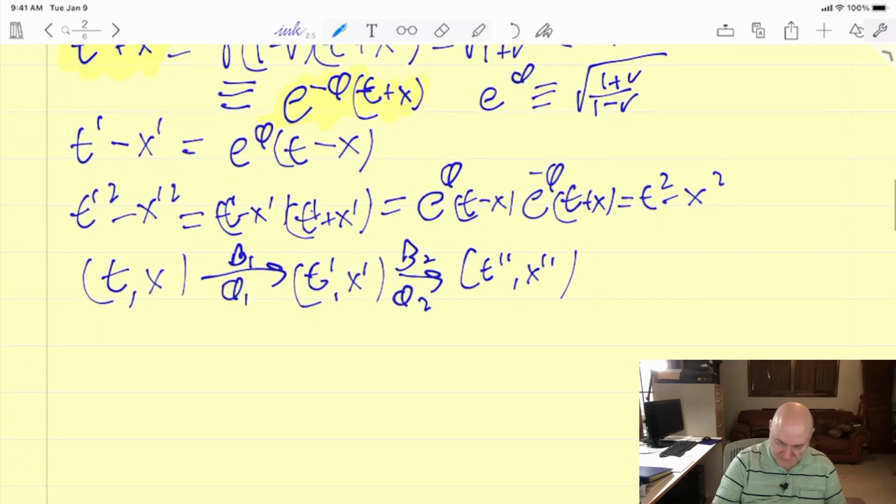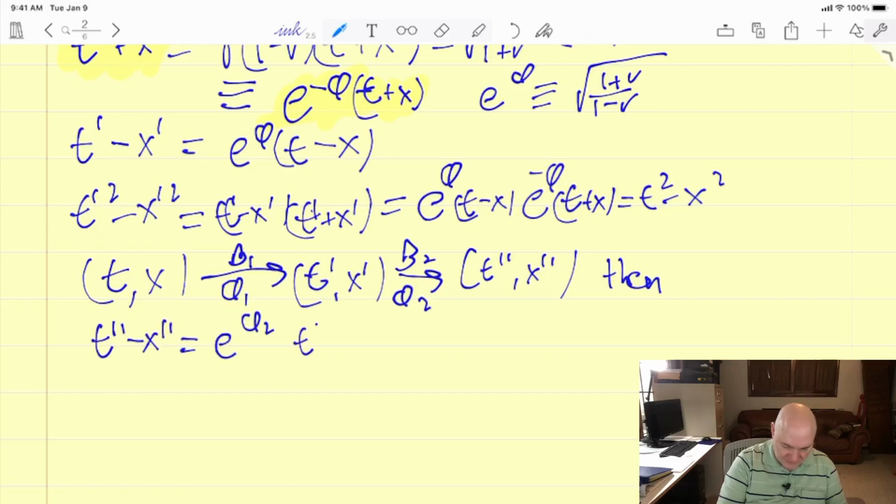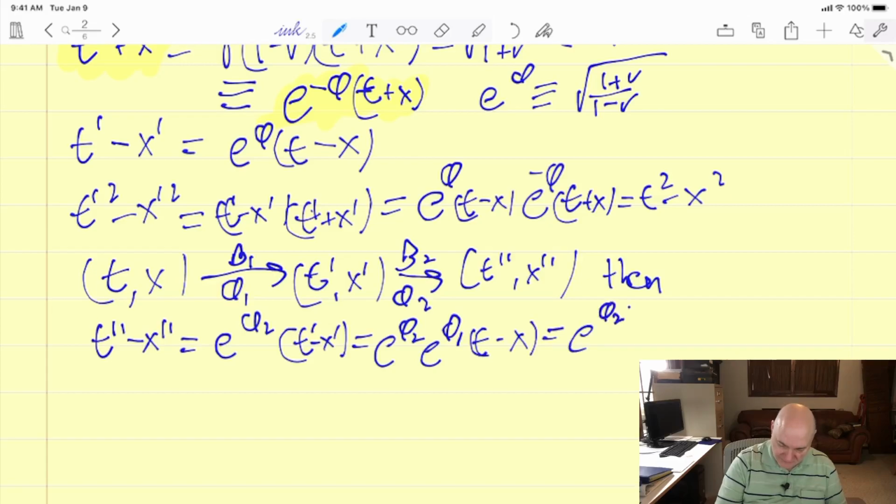Then it's easy to see that t double prime minus x double prime is equal to e to the phi2 times t prime minus x prime, which is equal to e to the phi2 e to the phi1 times t minus x, which is equal to e to the phi2 plus phi1 times t minus x.